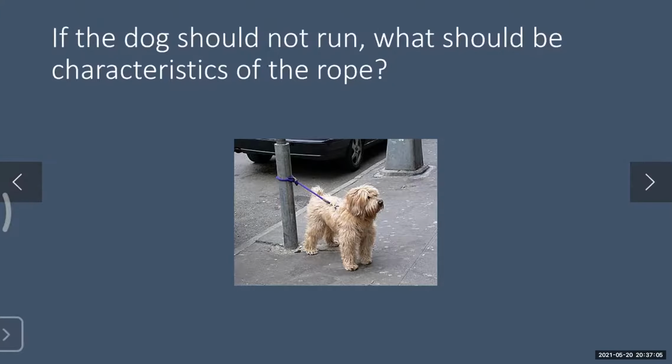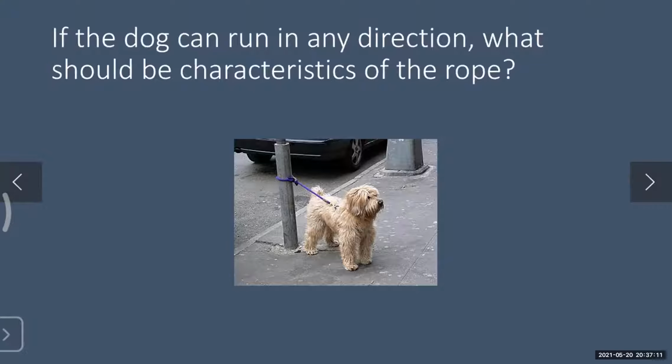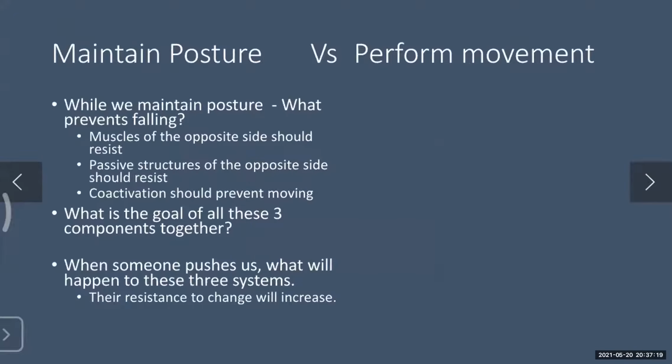At the same time, it needs to hold it tight. At the same time, it should leave it loose, right? So how is it possible that both of it can be done, right? So this is the first problem we saw, which is called the posture movement problem, all right?